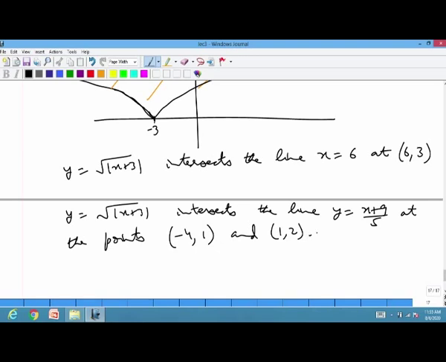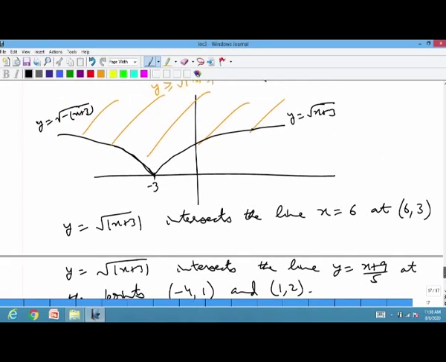This is by equating this square root of mod (x plus 3) equal to (x plus 9) by 5, and then you can square and you can find this point of intersection.